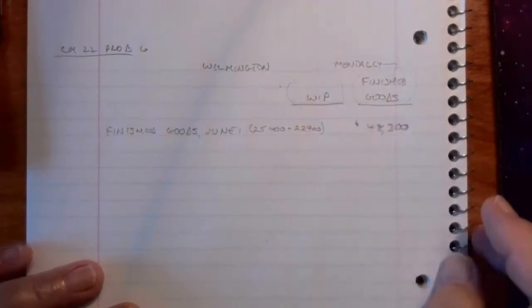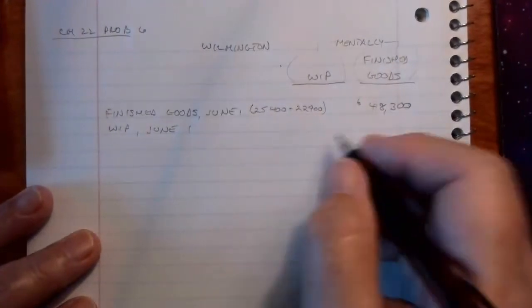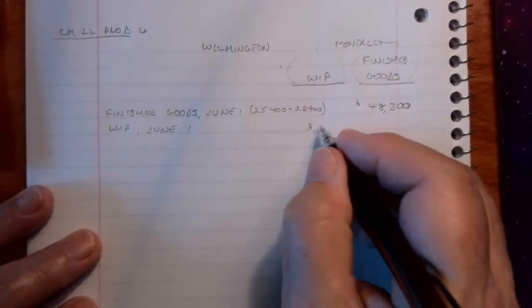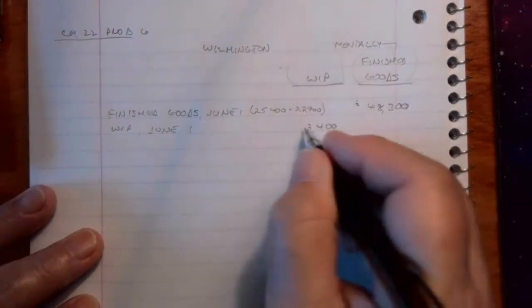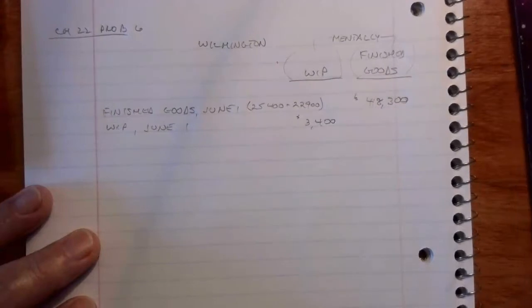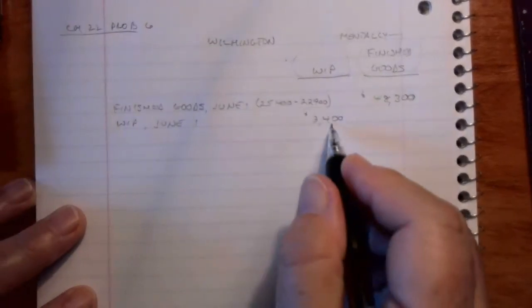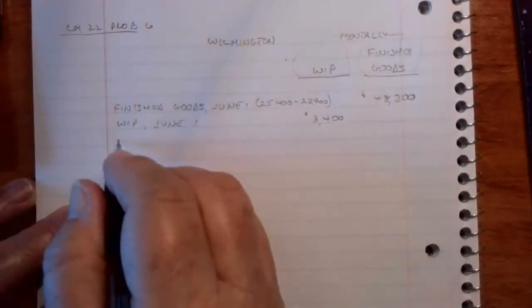And then, what goes into finished goods will go through work in process. So work in process on June 1st is the 3,400 that they gave us. Thank God they gave us that number, 3,400 work in process. And then next, what do we add to work in process? Remember that formula?